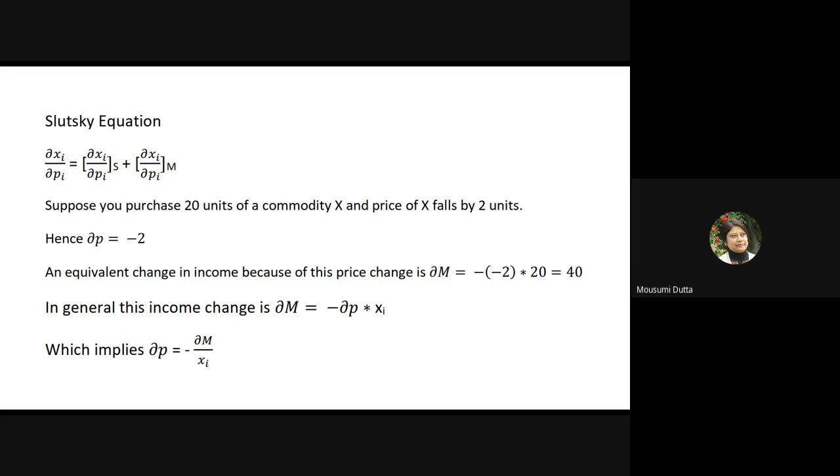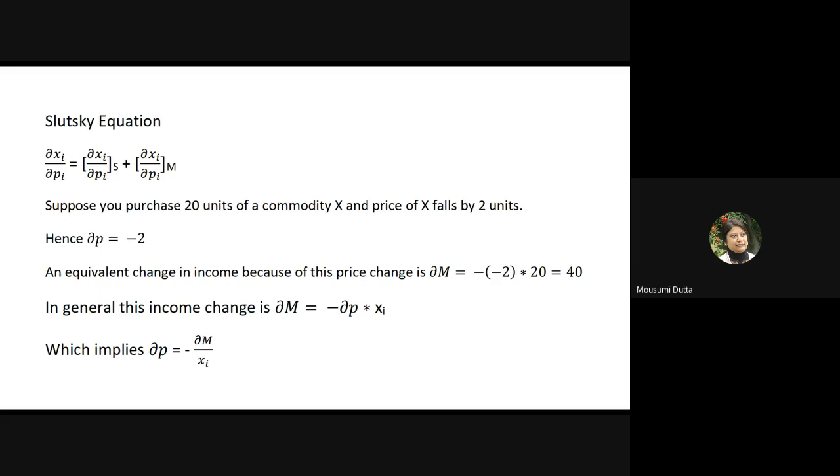Next, an equivalent change in income because of this price change is del M, and that will be minus of -2 into 20. Actually, I used to purchase 20 units of the commodity, and since the price is falling, there will be a positive change in income.